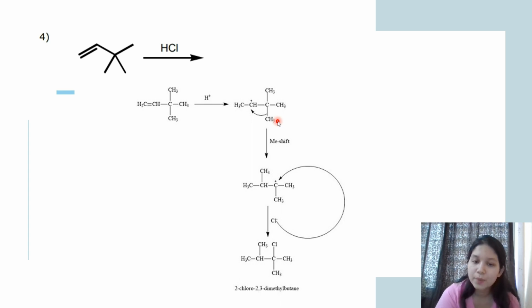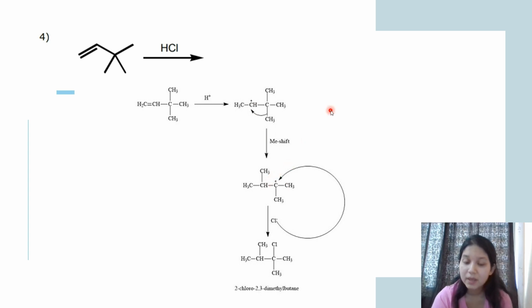So when such a situation arises, that the adjacent carbon atom is tertiary, and if you can shift a methyl group to the secondary carbocation already formed, you get a tertiary carbocation this time. If you have such a situation in the system, then the carbocation primarily formed will undergo a rearrangement, leading to the formation of an even more stable carbocation.